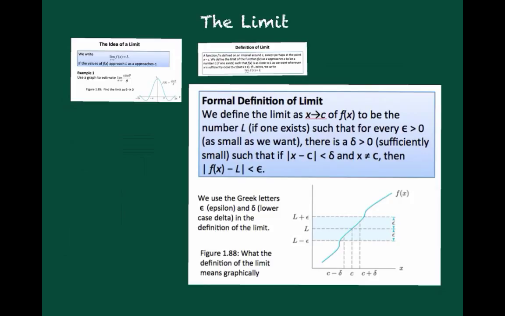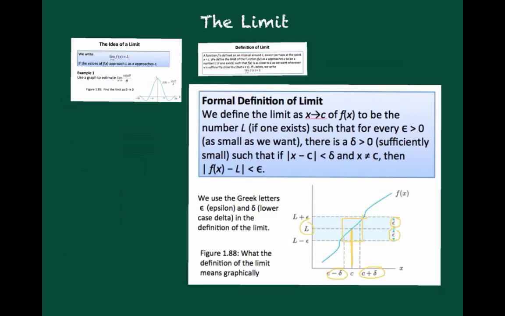But what it means is this: these epsilons are changes in the y value, and these deltas are changes in the x value from the given point c. And what the limit definition means is, can we get as close as we want to this L by getting smaller and smaller deltas?